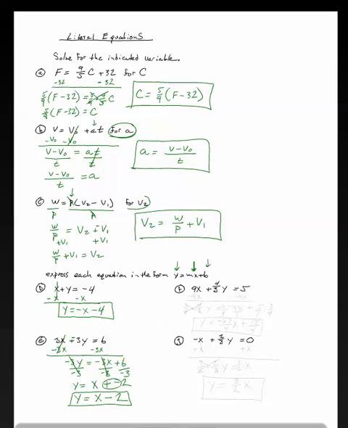In example F, we have 9x plus 4/3 y equals 5. So we know the x term needs to go on the right-hand side, so we subtract 9x on both sides. Now we have 4/3 y equals negative 9x plus 5. Well, we've got 4/3 y. So in order to get rid of that multiplication of 4/3, we can multiply by the reciprocal.